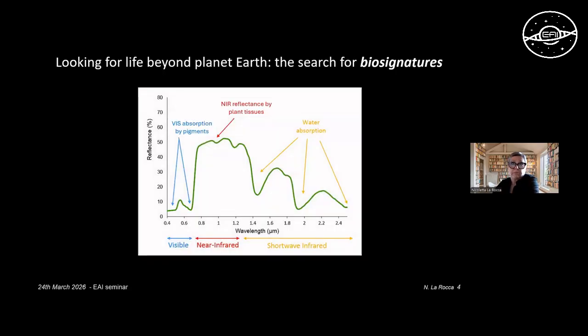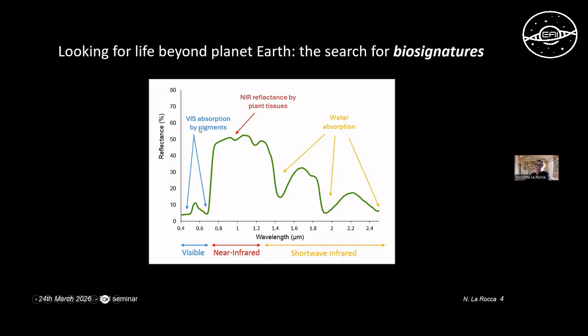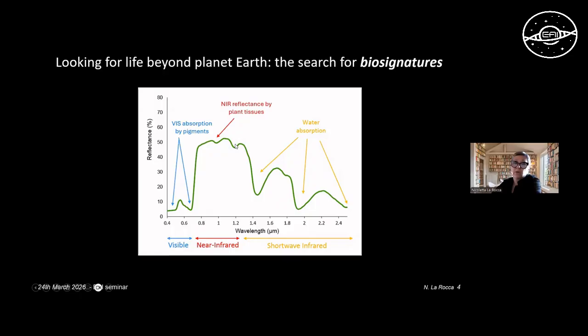The other type of biosignature, the surface biosignature, is also typically due to photosynthetic organisms, because when vegetation is present we can observe a signature with very low reflectance in the visible portion of the light, as photosynthetic pigments mainly absorb visible light, while we have a very strong reflectance in the near infrared due to the reflection by the plant tissue.